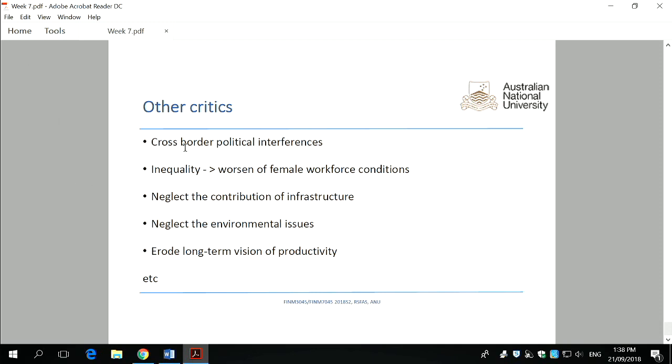That's one. And another critique is inequality. Of course, I mentioned mainly the inequality of the poor and the rich, right? But I think today, in this class, we're talking a lot about gender equity.